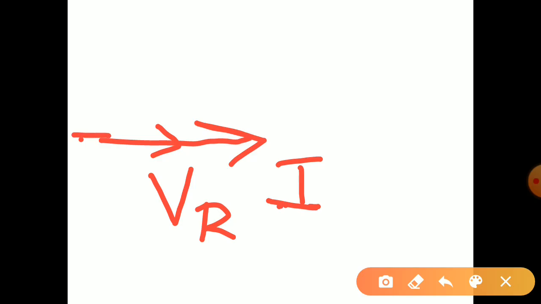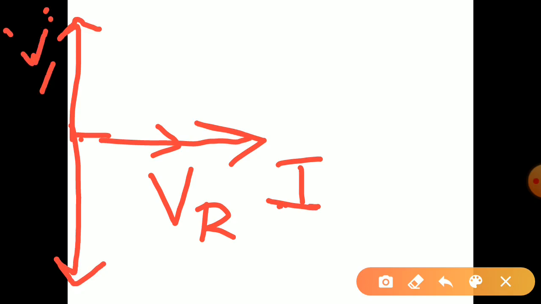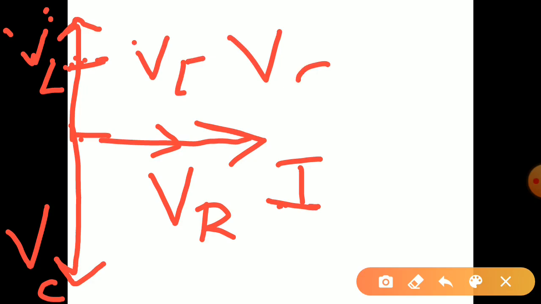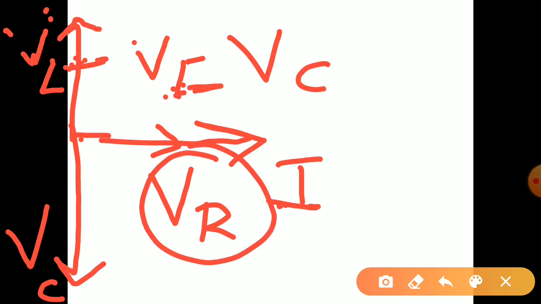If XL is greater than XC, that is if we have an inductive circuit, that is we have VL here and VC here, then we can have the inductive circuit somewhere here, that is the difference between VL and VC, VL minus VC. And if we want the vector sum of VL minus VC and VR, then we can have V somewhere at this point.